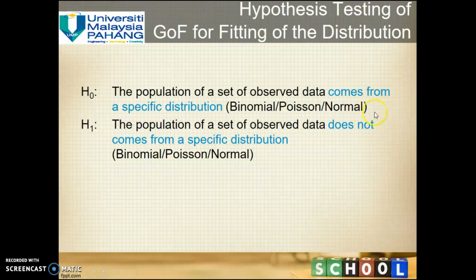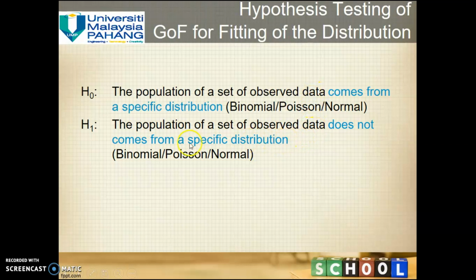We do not assume by our own. It will be mentioned in your question what distribution you have. Let's say that you have Poisson. So your H0 will be the population of the set of observed data follows Poisson distribution.